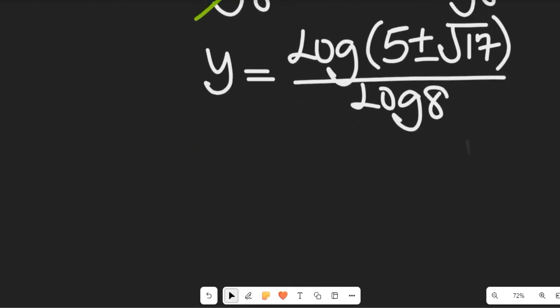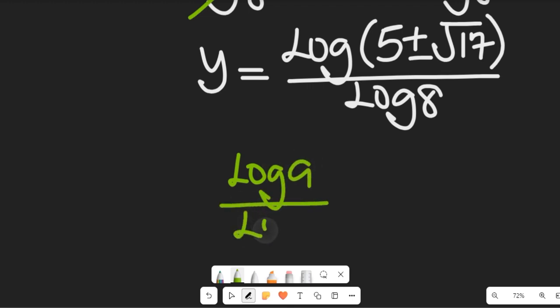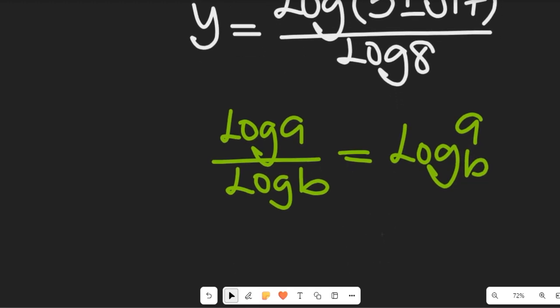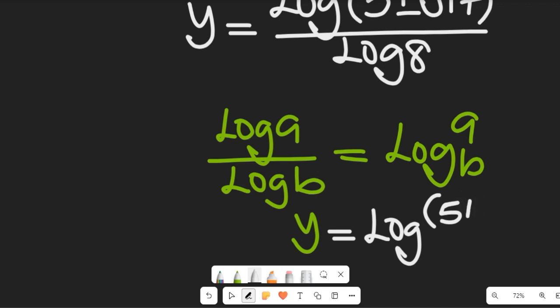Now recall a law of logarithm that if we have the log of a divided by the log of b, this can be equal to the log of a base b, right? So if we have that expression, that logarithm will now most possibly give us the value of y to be equal to log of 5 plus or minus square root of 17 base 8.